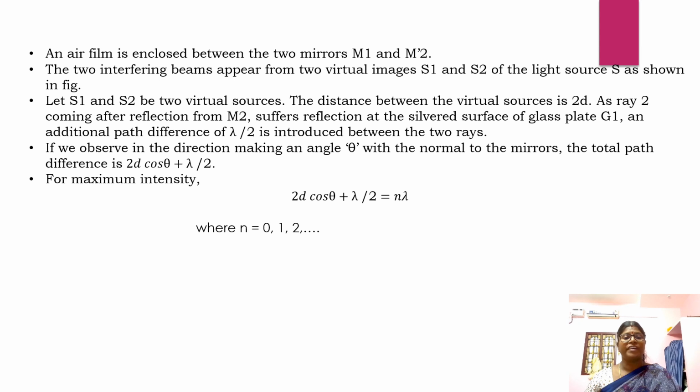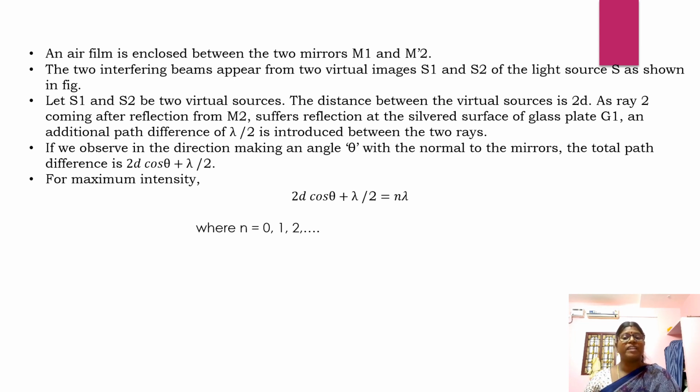The two interfering beams appear from two virtual images S1 and S2 of the light source S, as shown in the figure. So the light from the source S, from the mirror M1 and the virtual image M2 prime, gives two sources S1 and S2. Let S1 and S2 be two virtual sources.